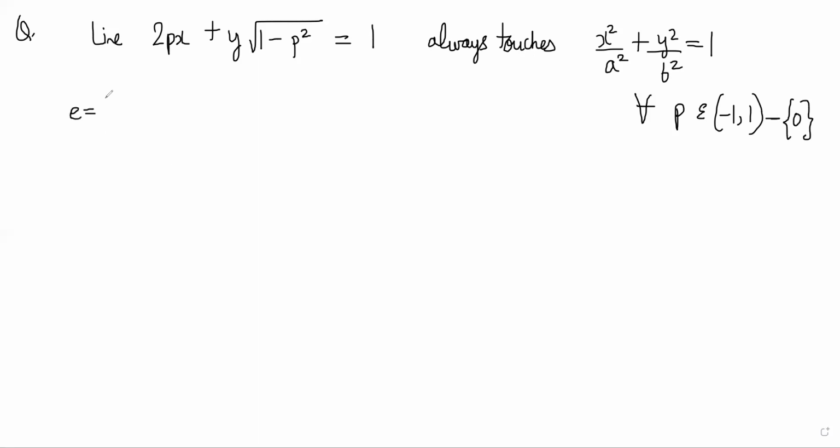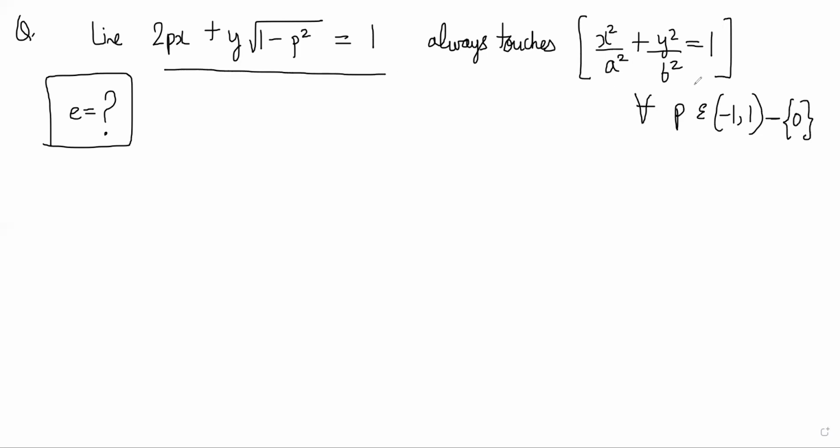What is the eccentricity of this ellipse? Basically, this line is always tangent to this ellipse, if p is belonging to minus 1 to 1 and p is not 0. In that case, what is the eccentricity of the ellipse?